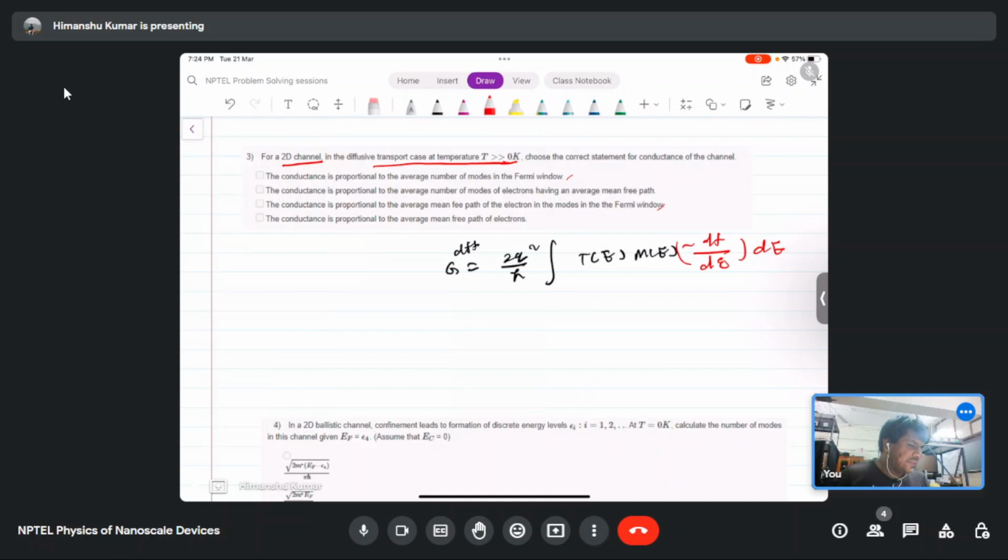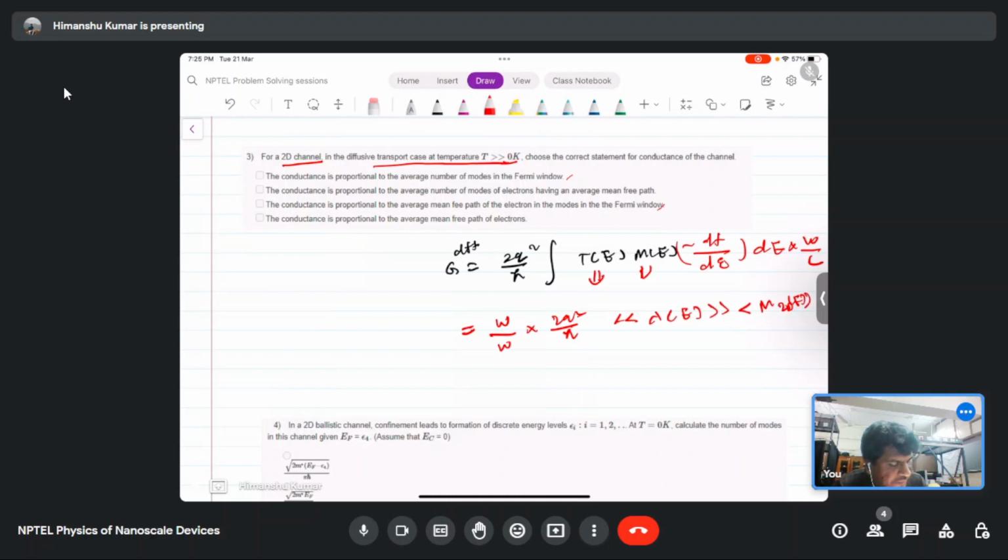As sir has derived in the class, if you consider the diffusive case and put the values of T(E) and M(E), then you will reach this expression, multiplied by W by L. So this will be equal to W by L times 2q² by h, the average value of the mean free path, then the average value of the 2D number of modes.